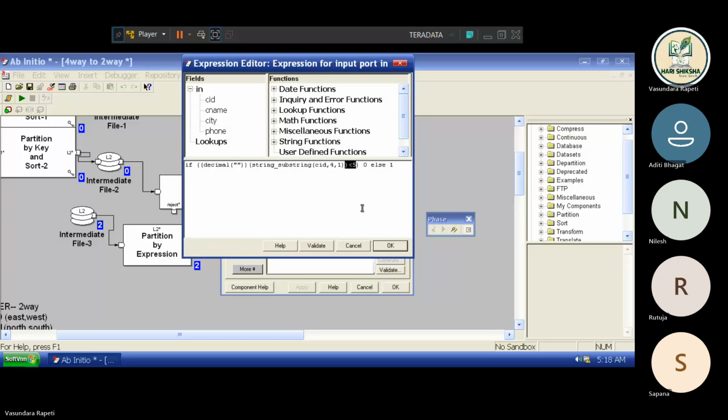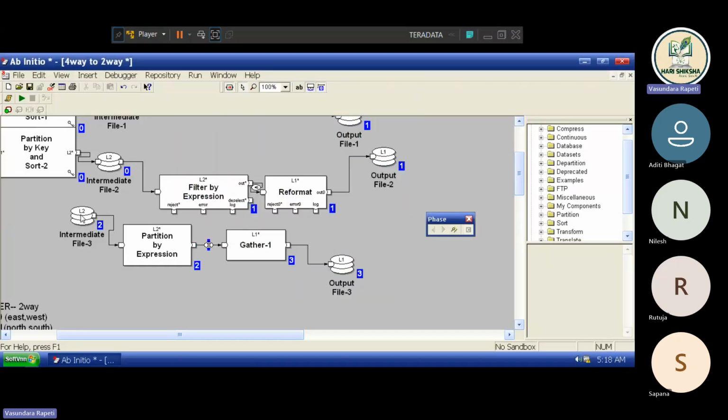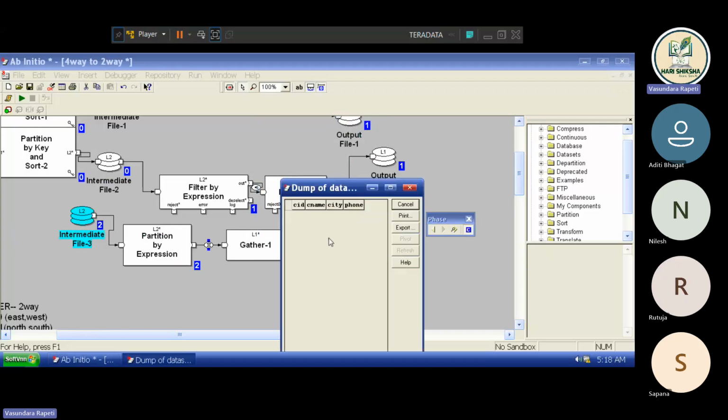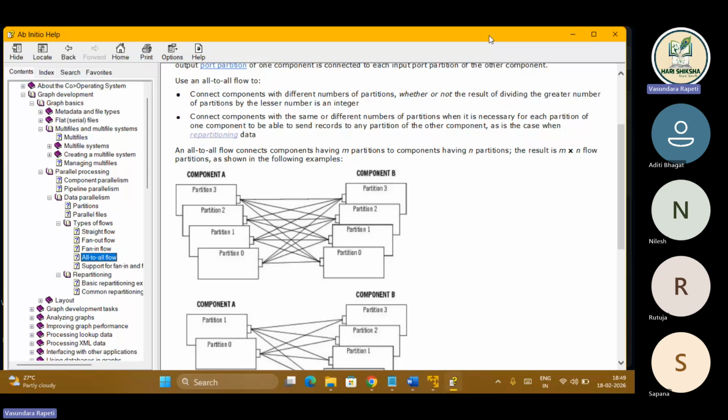Like data is C101234, so I just cut the last character. That's it. So this is also one usage of all to all flow for combining the partitions.